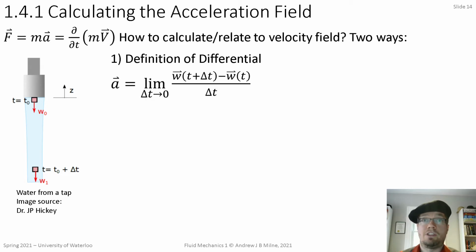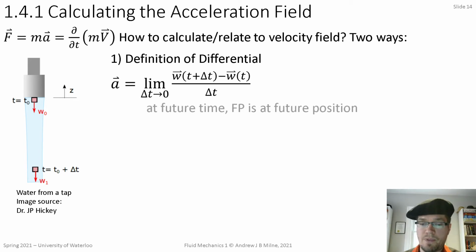That's the definition of how you take a differential of anything. It's the definition of acceleration. So let's expand that. What is w at t plus delta t and what is w at t? Well, at some future time, the fluid parcel has moved to a future position.